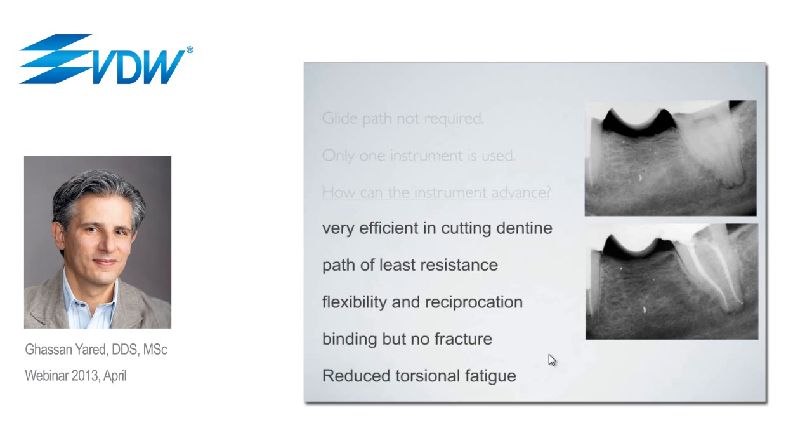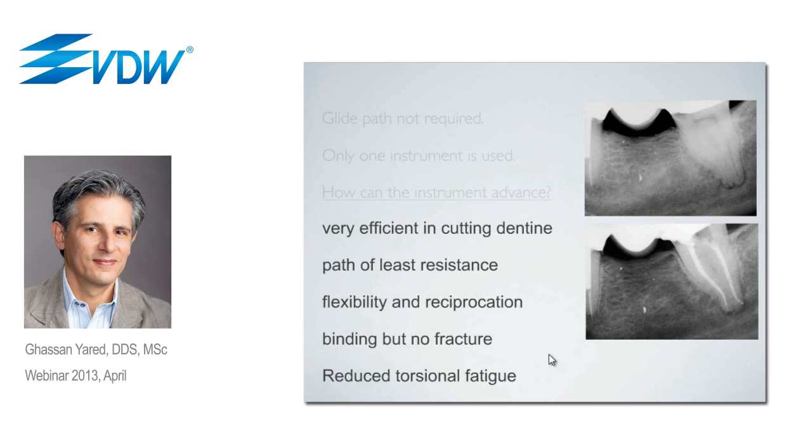We are using this instrument in reciprocation. We know from the study of Roane in 1985 that with reciprocation, there is a lower chance of canal transportation. And we are also using this instrument, which is made from nickel titanium.